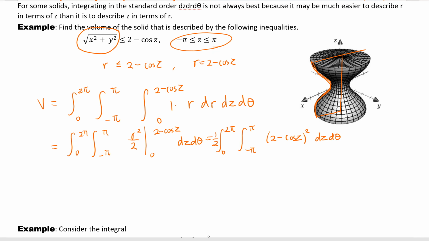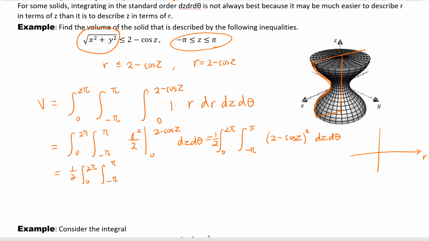We don't have a product rule or power rule for this, since it's a product. We don't have a product rule for integrals, so we should multiply it out. By the way, this is symmetric.